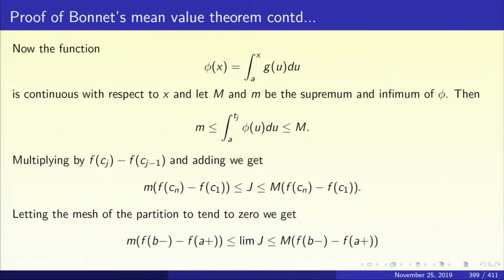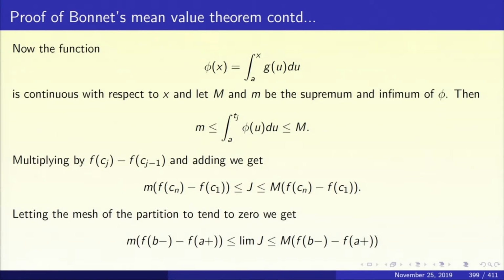Again, let the partitions become finer and finer and the mesh of the partition goes to 0. Then what happens when the mesh of the partition goes to 0? c_1 will converge to a and c_n converges to b. So, the corresponding values of f will go to f(b minus) and f(a plus).